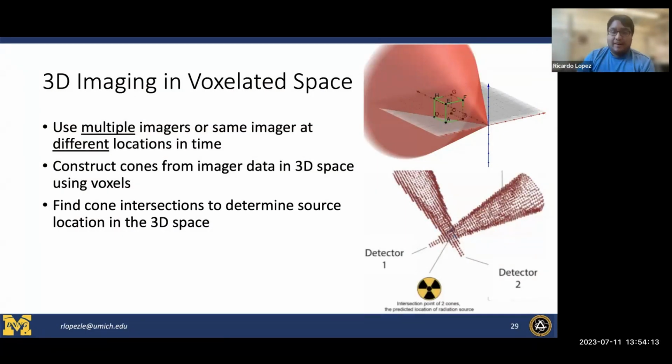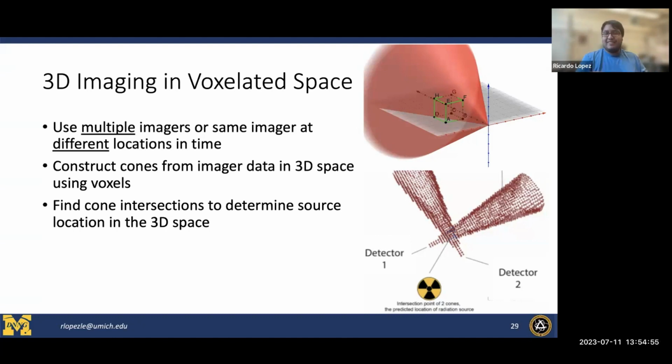And then finally, I talked about how you could potentially use 3D imaging to work around the whole not knowing the distance issue. Well, you can use multiple detectors, or say, in this case, multiple HUDPIs at the same time, or use a single detector at different locations in time to get a measurement of a source in different positions in space. That would allow you to do triangulation, or rather, you would construct these cones in this 3D space using voxels, where you voxelize your particular environment.